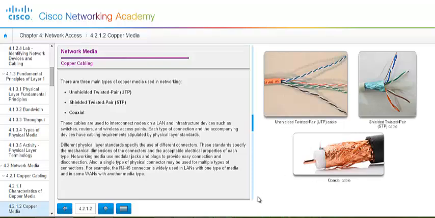The standards specify the mechanical dimensions of the connectors and the acceptable electrical properties of each type of connector. An example is the RJ45 connector, which is widely used in LANs with one type of media and in some WANs with another type of media. The RJ45 connector looks very similar to the connector where you are hardwired with your phone into a wall jack.